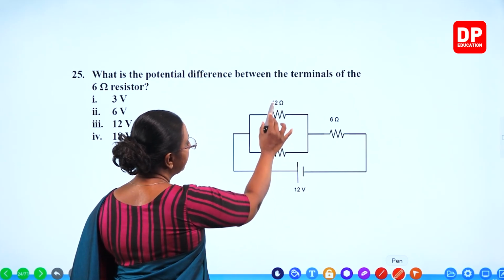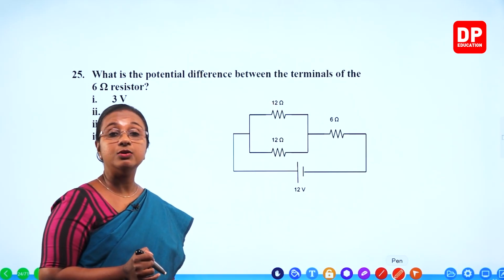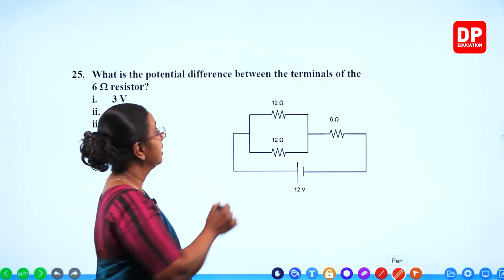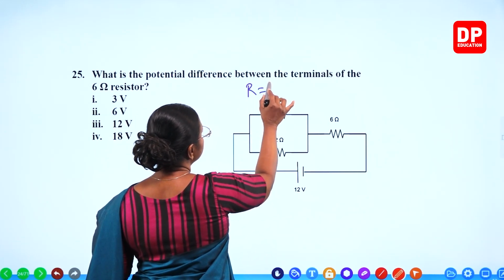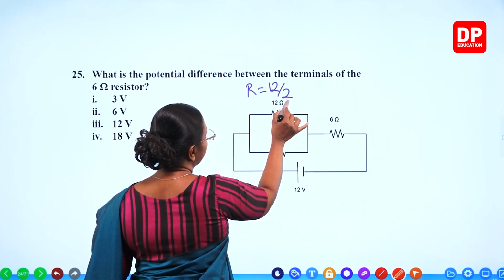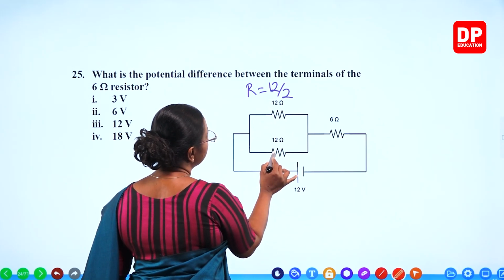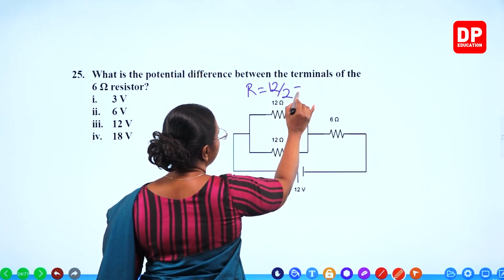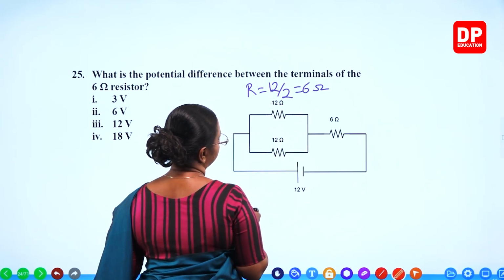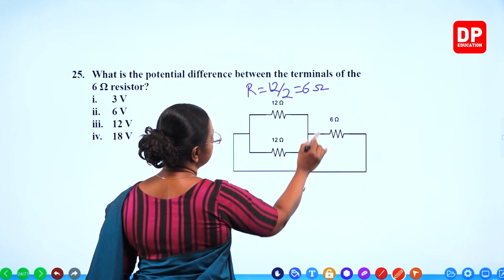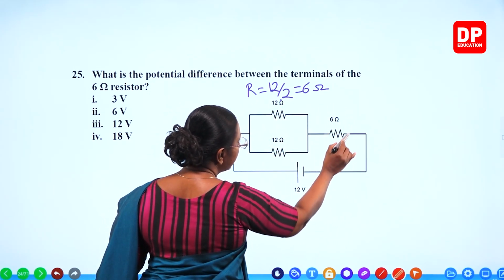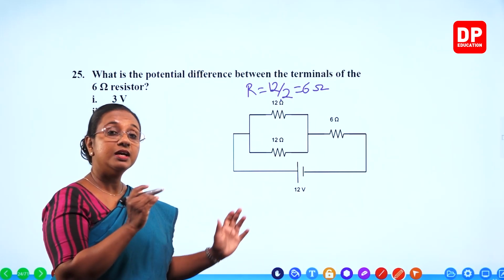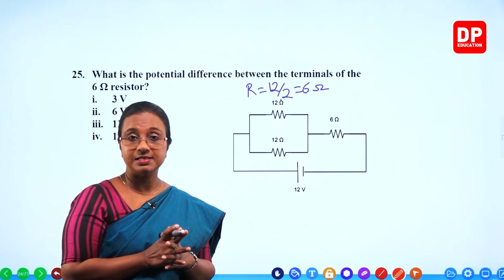Now these two are in parallel. So what is the equivalent resistance there? R is equal to 12 divided by 2, because they are equal values, 2 resistors. So 12 divided by 2, 6 ohms. So this part is 6 ohms. And here you have another 6 ohms. Again, those are two equal resistors.